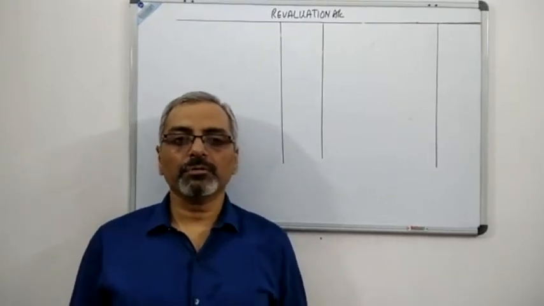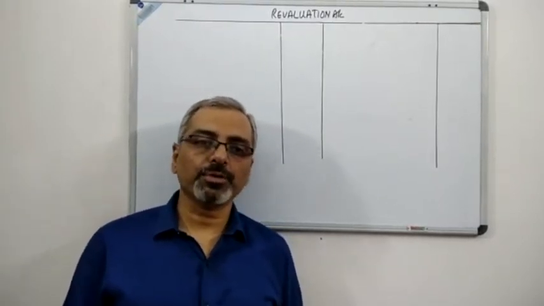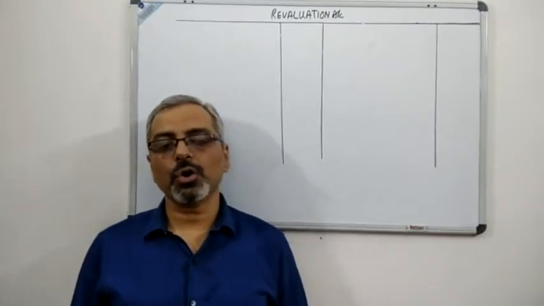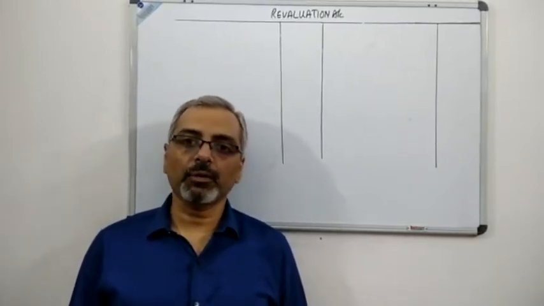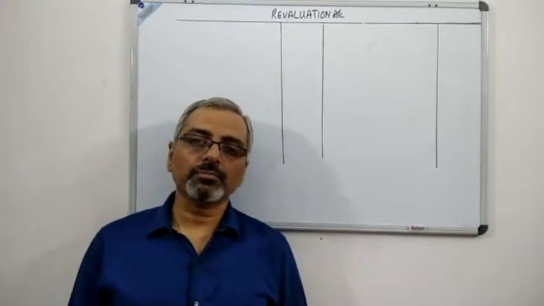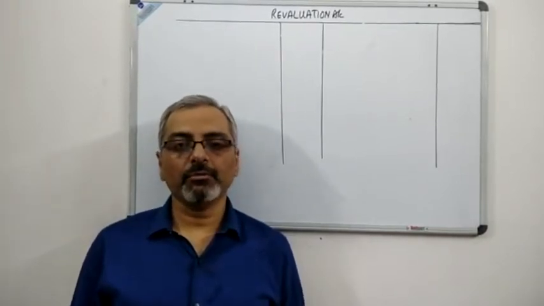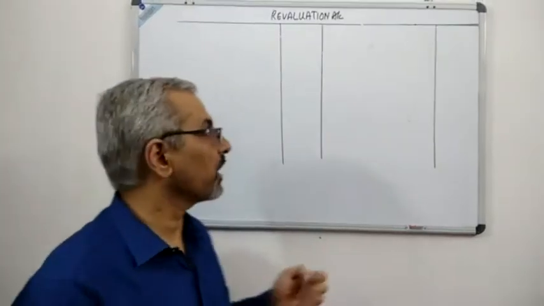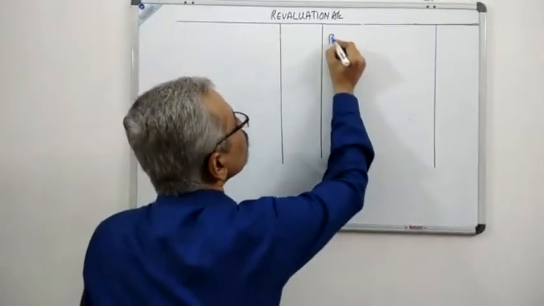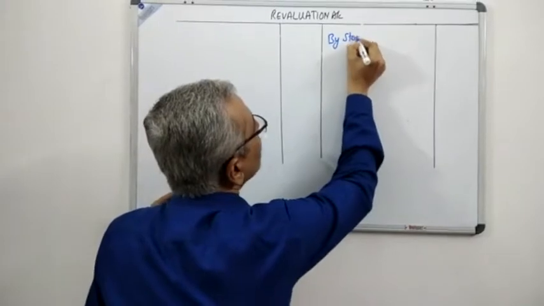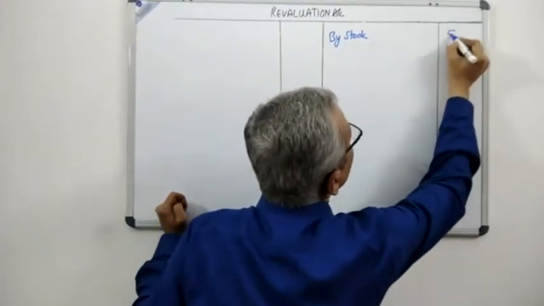If you read the question very carefully, the first piece of information given to us is that the value of stock is moving up by 50,000. Is it clear? The value of stock is moving up by 50,000. Therefore, if the value of an asset is increasing, we'll write that on the credit side, and we start with by stock 50,000.